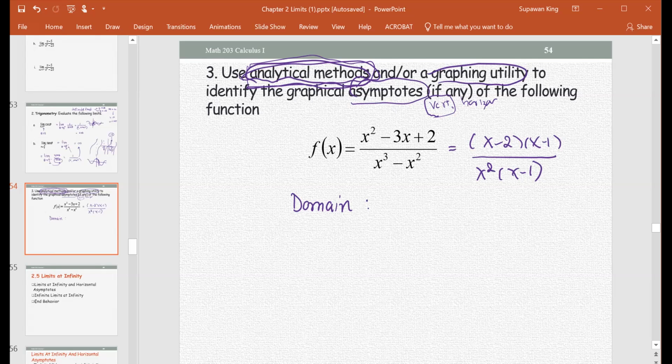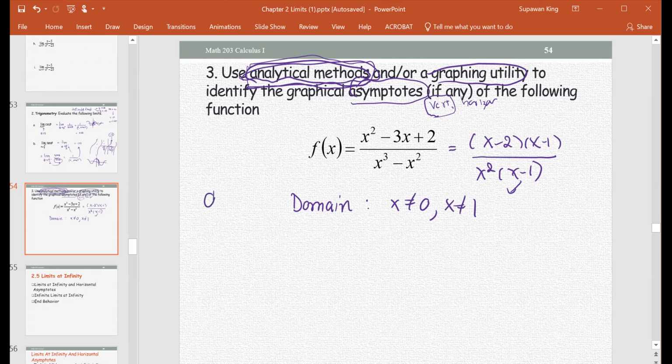X not equal to 0. And also, x cannot be 1, right? You have to prevent x from being 0 or 1 because the denominator would otherwise be undefined. So that is the domain.